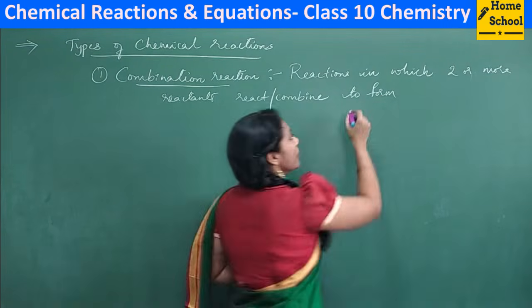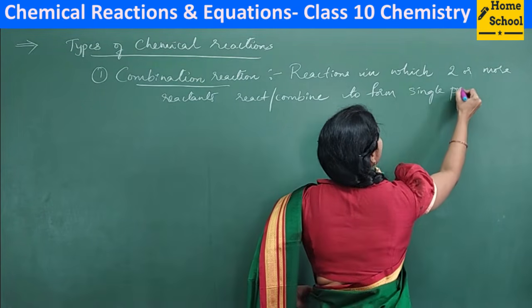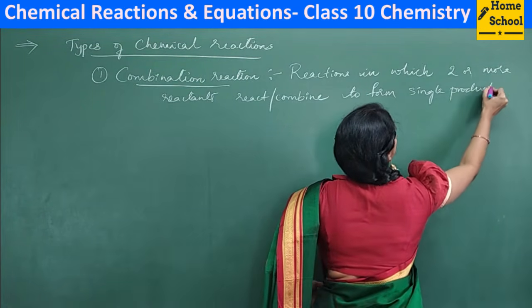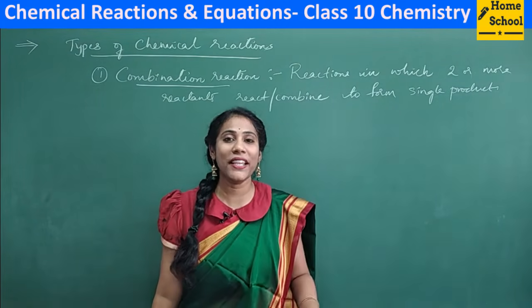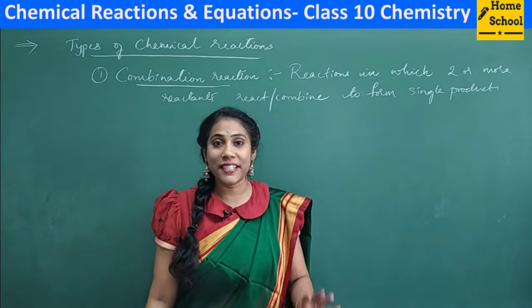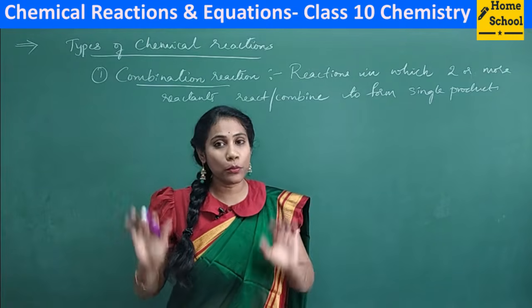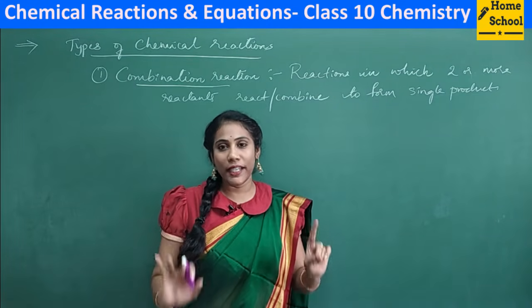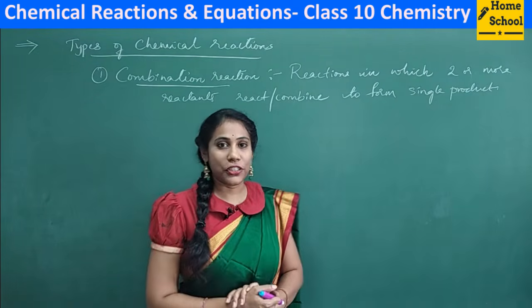Single product. To form a single product is called a combination reaction. So I have written the definition in a much simpler way so that you can understand. You can write this definition in your exam also, right? So here the reactants are 2 or more, but the product is only 1. So such reactions are called combination reactions.